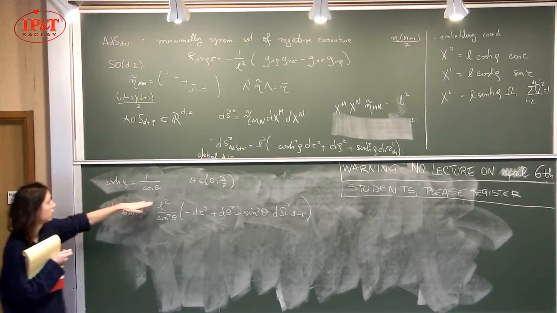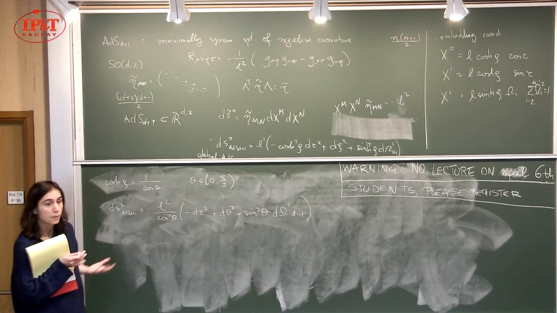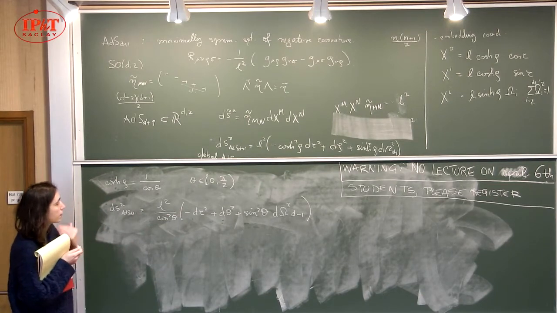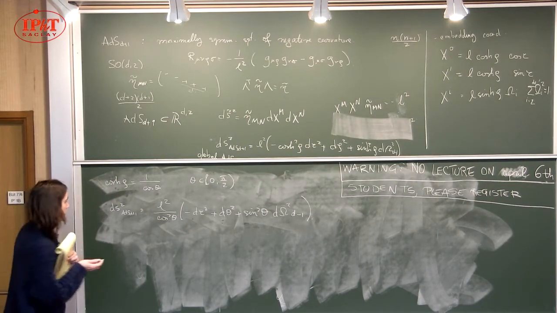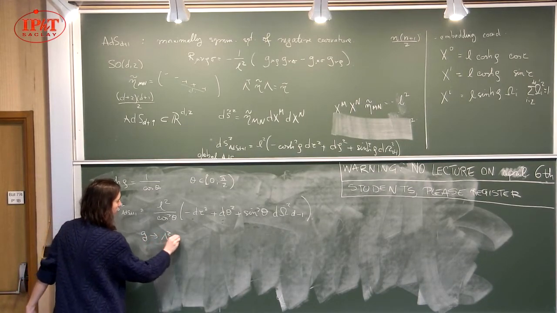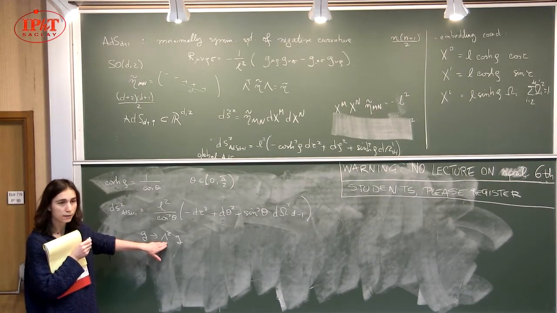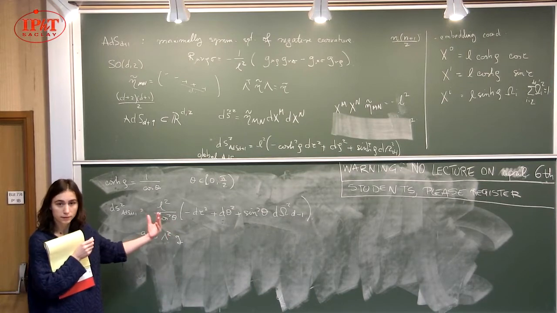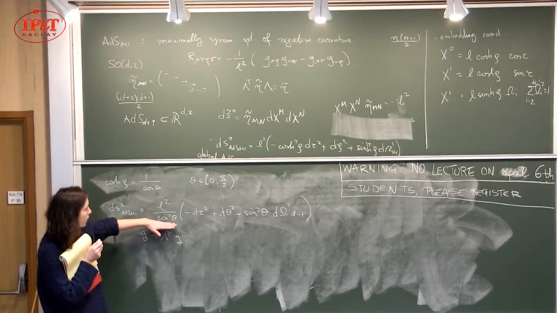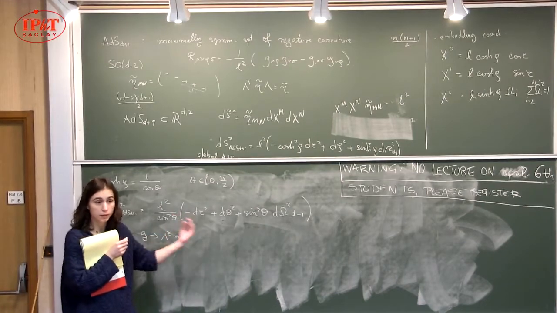Here, when I send theta to pi over 2, again the metric blows up, but it blows up in a very special way, in the sense that if I rescale the metric by a conformal factor, so if I send g to say lambda squared times g for some judiciously chosen lambda, then the metric doesn't blow up anymore. Okay. So if I multiply the metric, for example, by cos squared of theta, this conformally rescaled metric here in parentheses doesn't blow up, and I can actually draw it on the board.